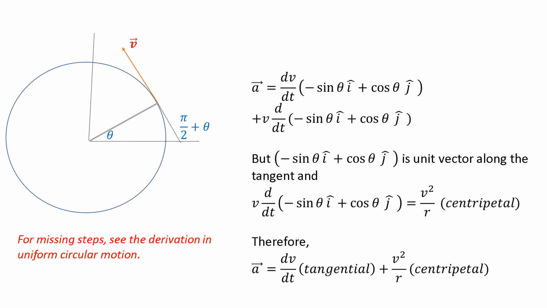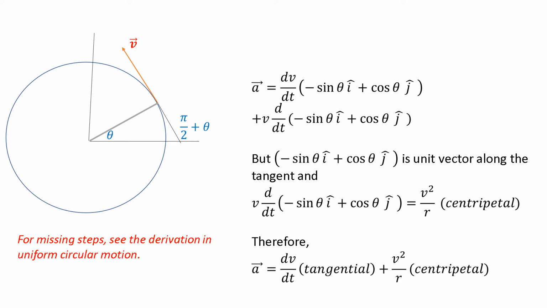As we saw, minus sin theta i plus cos theta j is the unit vector in tangential direction. Also, v into d by dt of minus sin theta i plus cos theta j is v square by r in centripetal direction. To derive this, see the derivation in uniform circular motion.